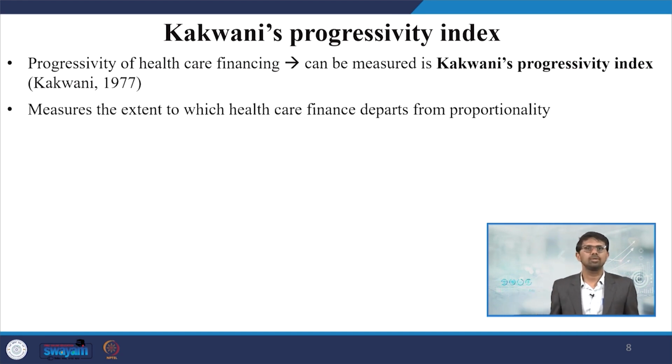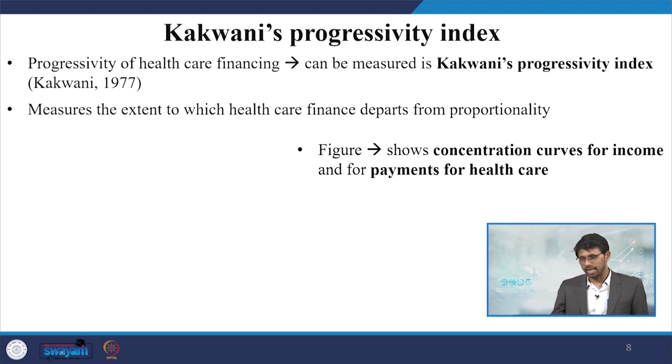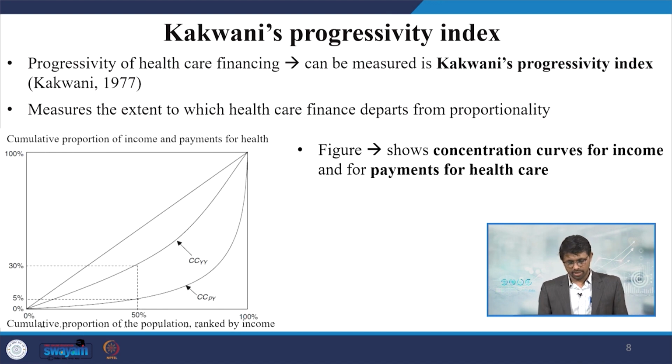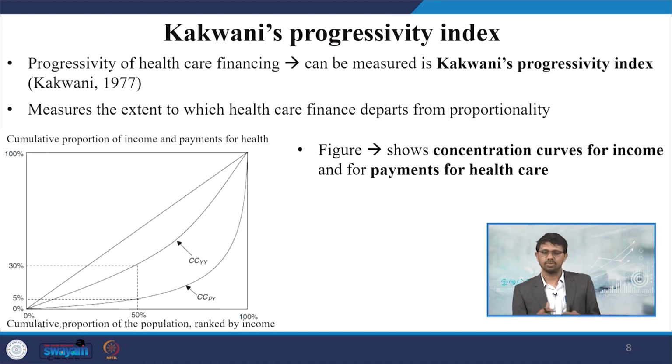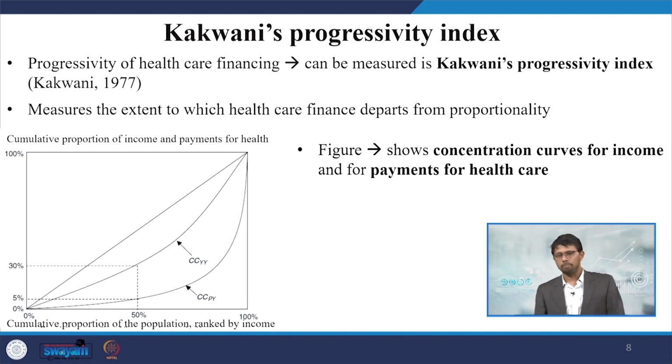This measures the extent to which healthcare finance departs from proportionality, and therefore we say their percentage is rising as against income. And the figure here which we have cited, you can just guess from the diagram that this presents a Lorenz curve explanation, where Gini coefficients are calculated, and that really measures the distance from the 45-degree line.